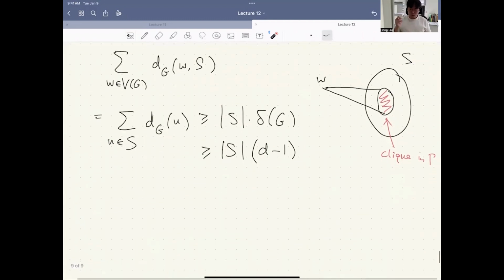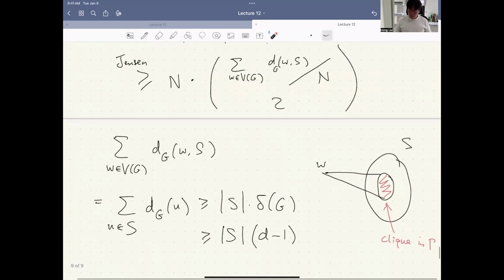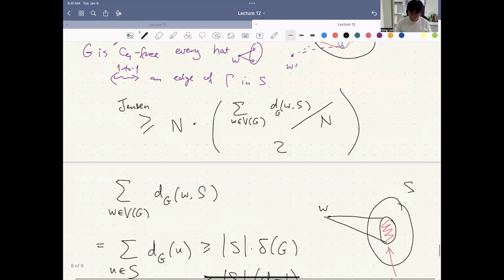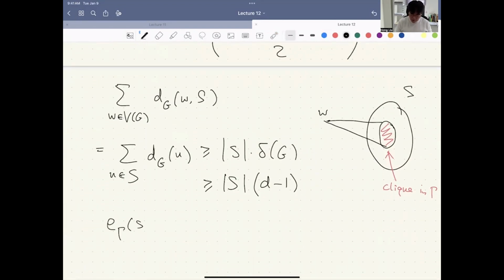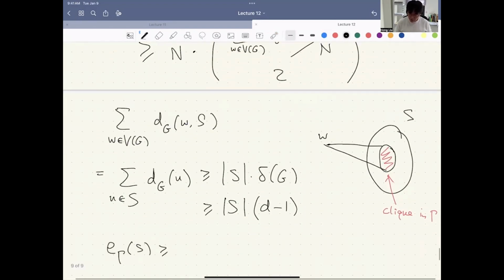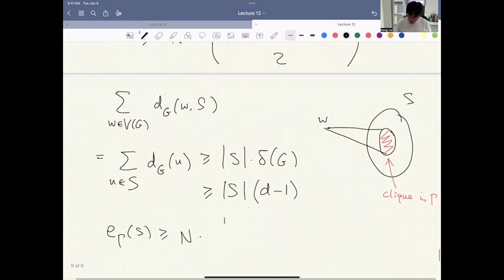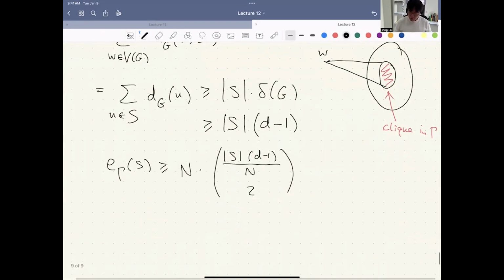Okay. Now, look at here. We have E gamma of S at least capital N times the sum is S (D minus 1) over N, choose 2. This is at least this when S is at least 2N over D minus 1.